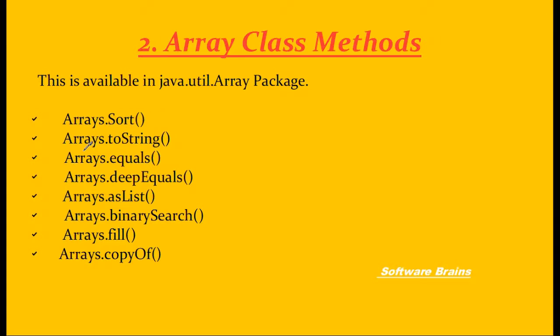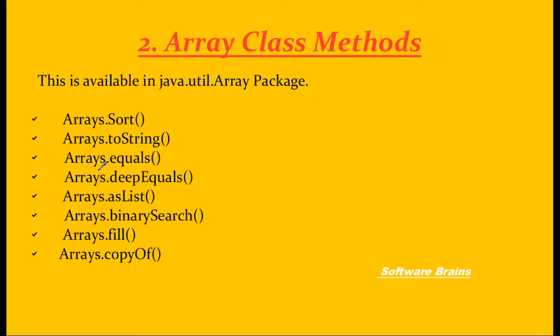The next method is Arrays.toString. You have an array and you want to print the whole array. Otherwise, you need to take a loop, traverse element by element, and print System.out.println of array of ith element. But if you want, you can convert your array using the Arrays.toString method, and you can directly print the whole array in a single statement by converting it to a string.